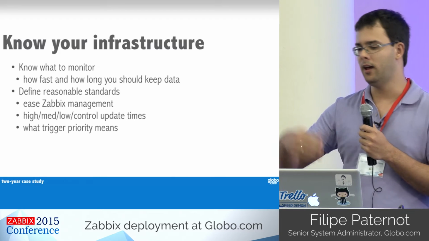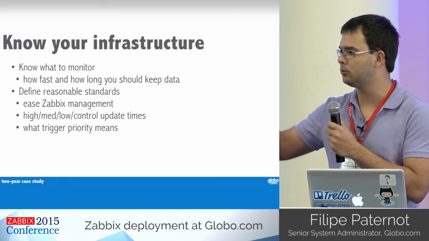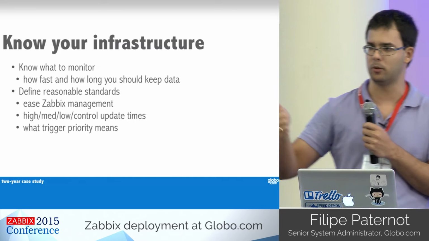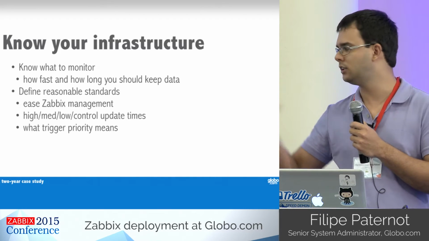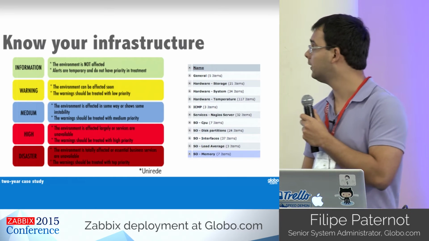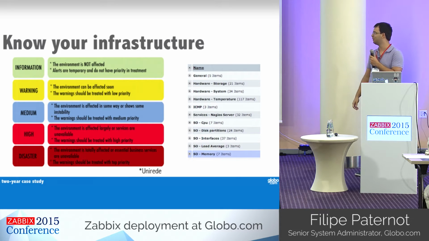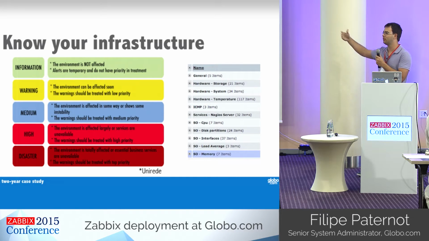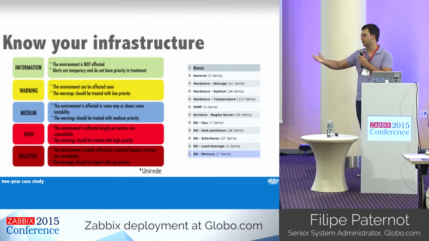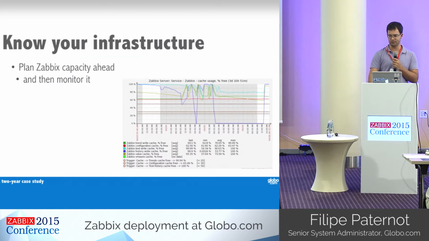So we defined update times and trigger priority. Do we want to be awakened at night to solve this problem? Yes, no, that changes a little bit. And creating some of these defaults, some of which Luciano is a little bit proud of, helps us to ease the view and to share with our customers and everything else.